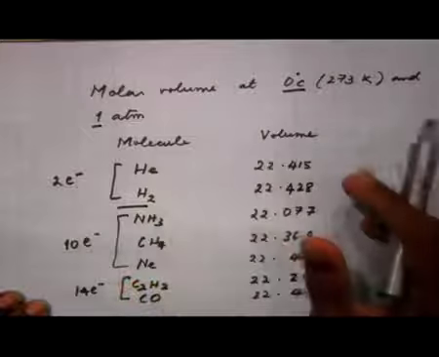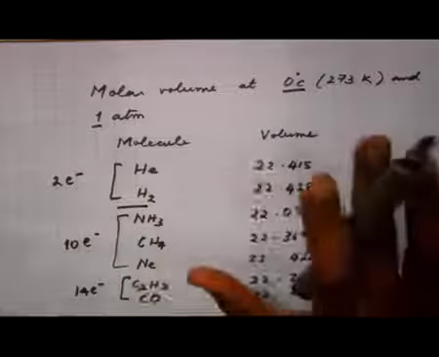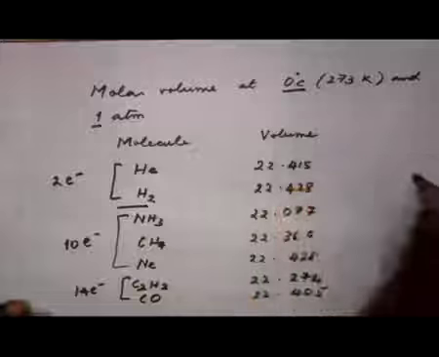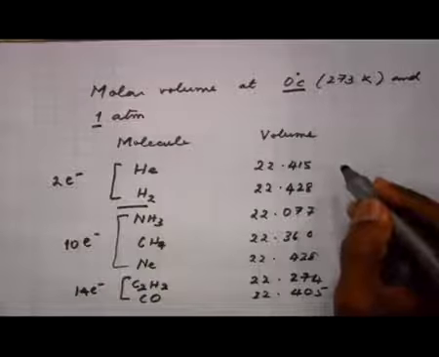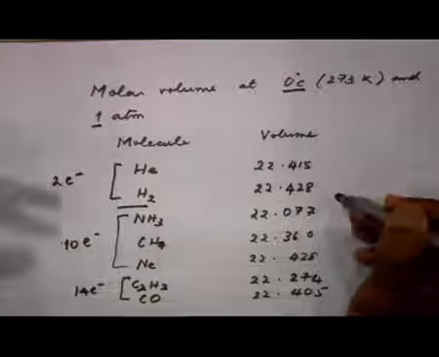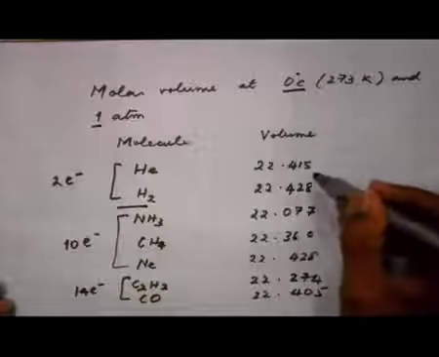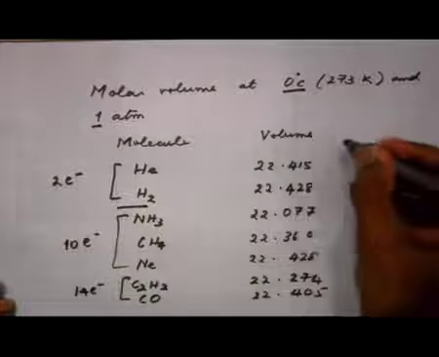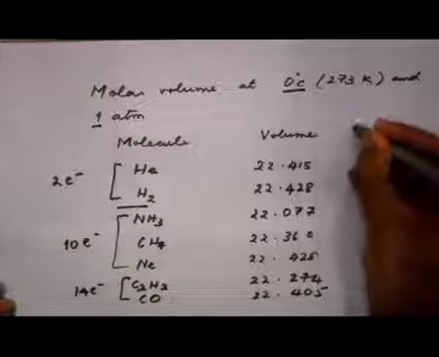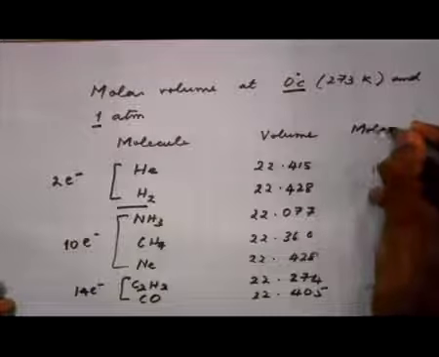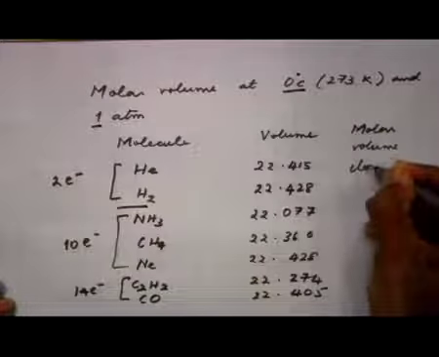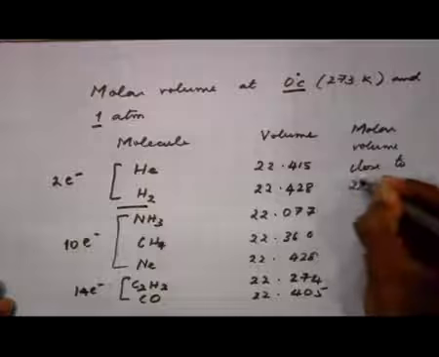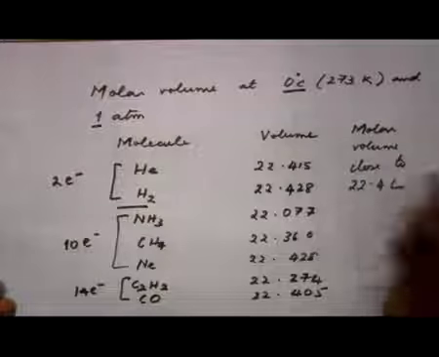There is some consistency and some differences, which is what we are trying to look at. If you do this under conditions that are close to ideal, what we find is that these molar volumes, so the take home message is, molar volume is close to 22.4 liters for all gases.